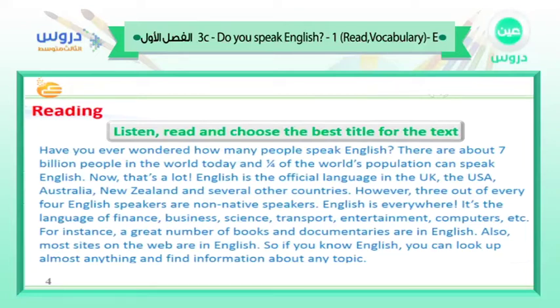It's the language of finance, business, science, transport, entertainment, computers, etc. For instance, a great number of books and documentaries are in English. Also, most sites on the web are in English. So, if you know English, you can look up almost anything and find information about any topic.